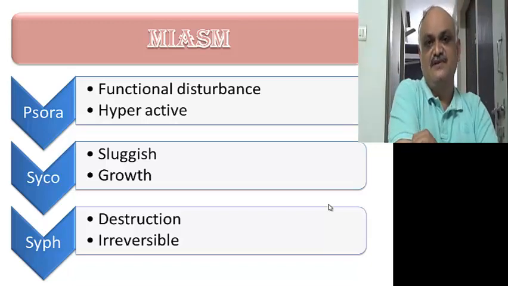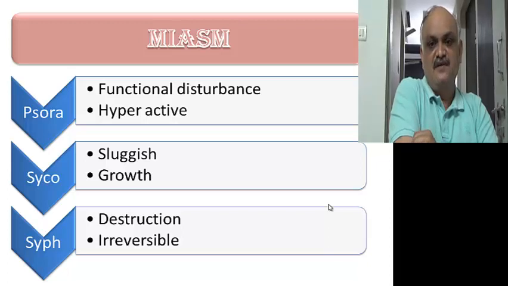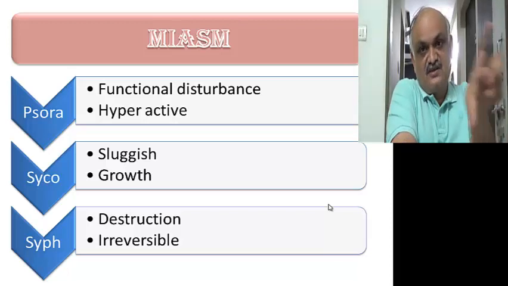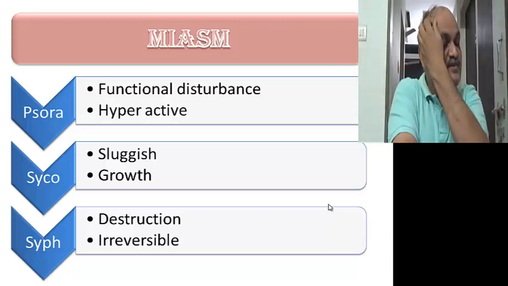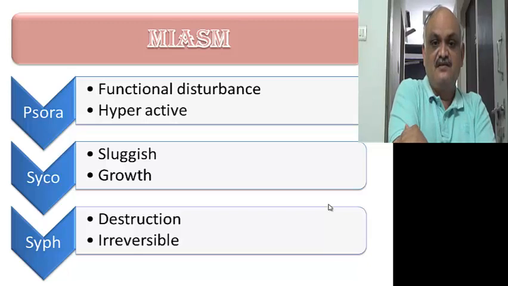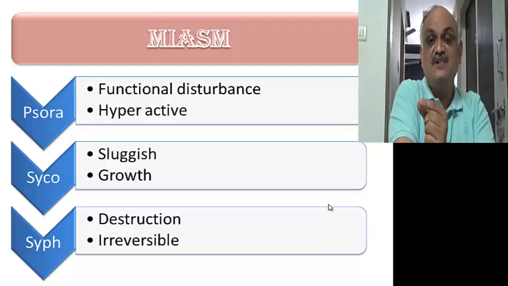Now miasms. It's a very important chapter when you are going to select the medicine, because you do not have to select the medicine randomly. Though that group of remedies is coming up in the chart, we have to select the medicine according to the way the disturbance is there in that patient.